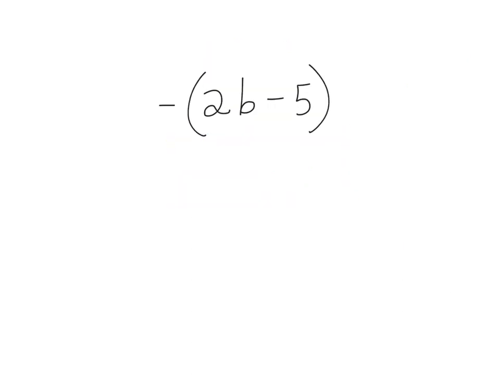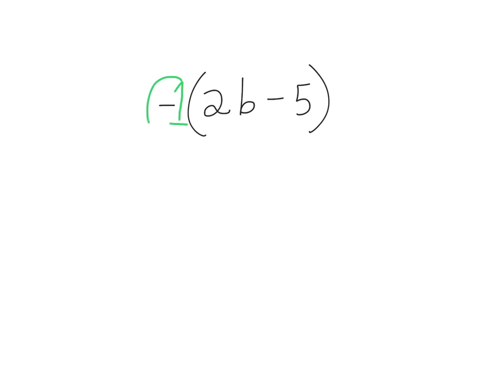Okay, here we have one of those negative problems again with just the negative right there. I could say that this is the opposite of everything inside of here. So what's the opposite of 2b? Negative 2b. What's the opposite of negative 5? Positive 5. So that is one way to solve that problem. Another way to solve this problem is I could put a little 1 right here.